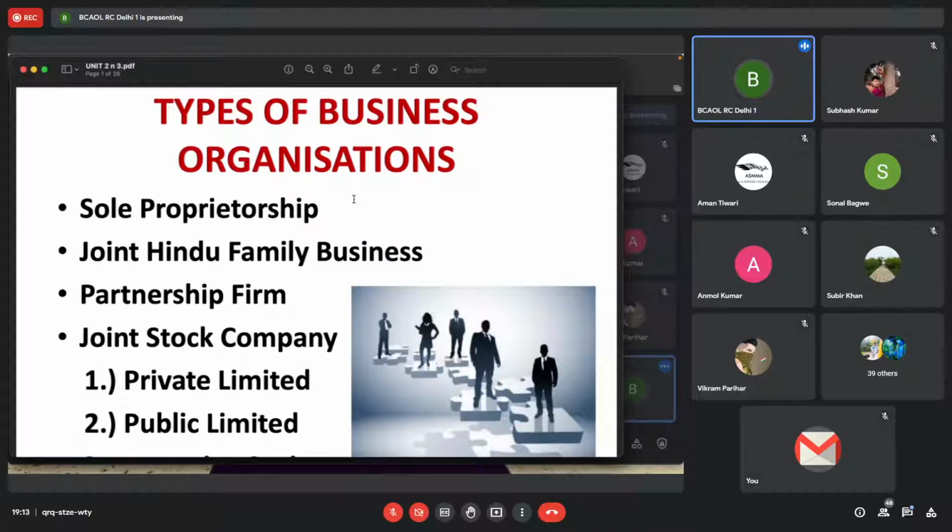So partnership was a better or a mature form of sole proprietorship, we can say, where there was pooling of resources. The sole proprietor is the one who was solely responsible for getting all the resources and organizing all of that. Whereas when we talk about partnership, there are at least two people involved, two or more, we say.